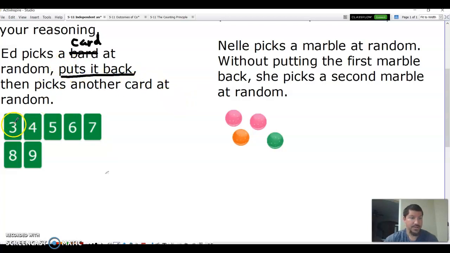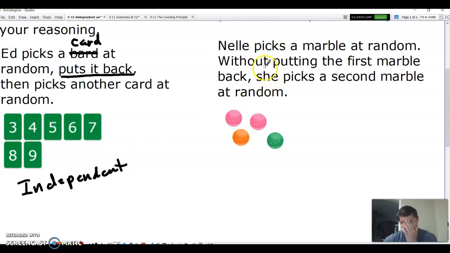So initially there's 1, 2, 3, 4, 5, 6, 7 cards. So he has a 1 in 7 chance of picking any of these cards, right? As long as he puts the card back, he's still got a 1 in 7 chance. So since he put it back, that is independent. He did not change the probability.